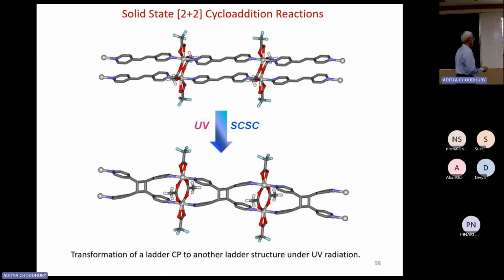They can undergo a 2+2 photoaddition reaction. Not only that, they are stabilized mainly through pi-pi interaction, or forced to have pi-pi interaction because of the bridging nature of this. That's an easier way; otherwise you need to use this kind of bridging ligand.